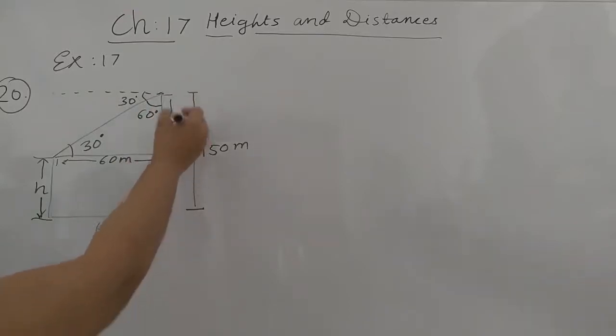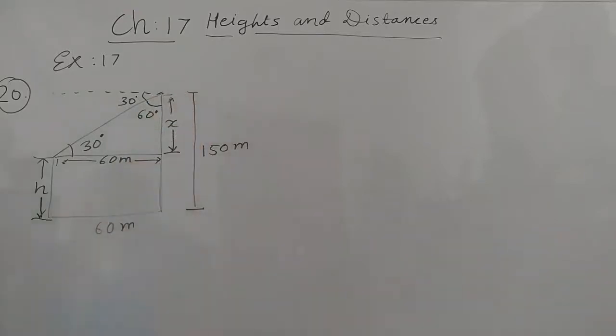So now we start our solution. The figure is already done. Now we take tan theta in this smaller triangle. So tan 30 is equal to opposite x upon adjacent 60 meters. Now our tan 30 value is 1 upon root 3, equal to x by 60.